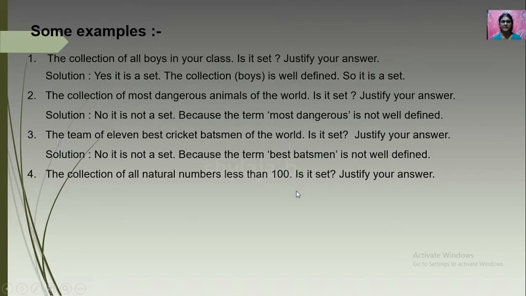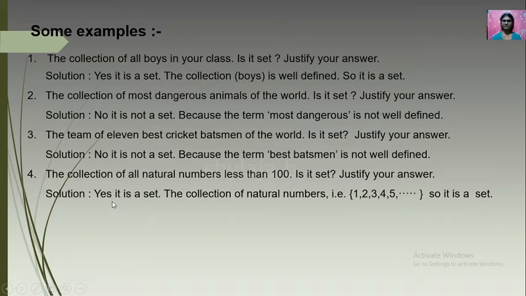We can definitely write the natural numbers less than 100. So you see, it is a set. Yes, it is a set. The collection of natural numbers 1, 2, 3, 4, 5, up to 99, since less than 100, so it is a set.